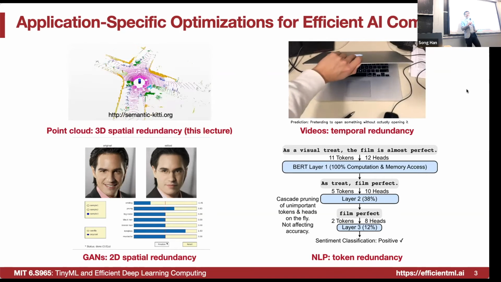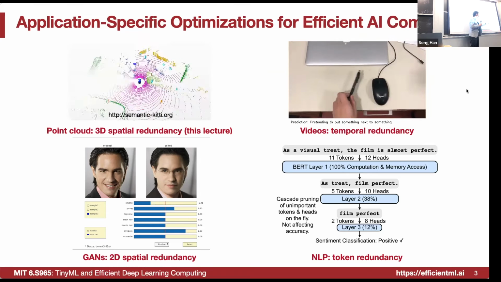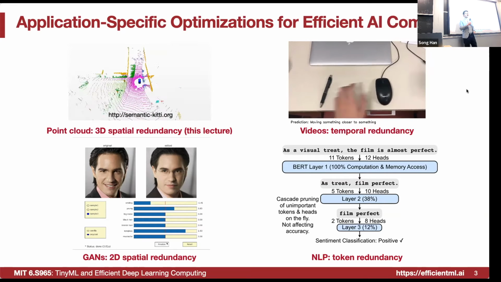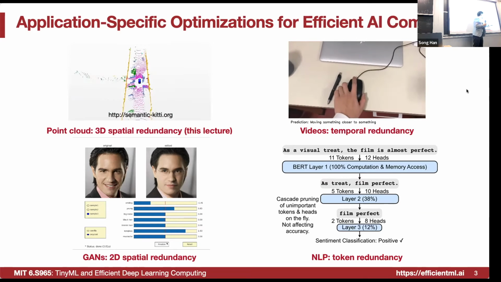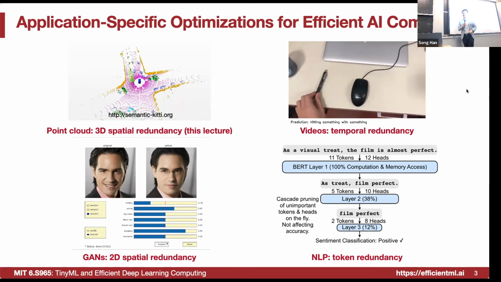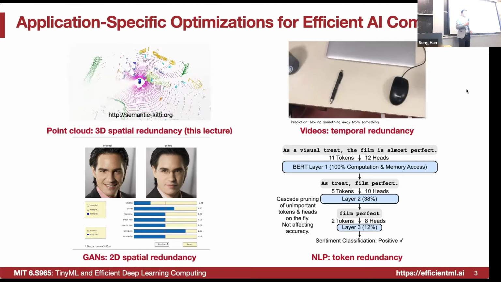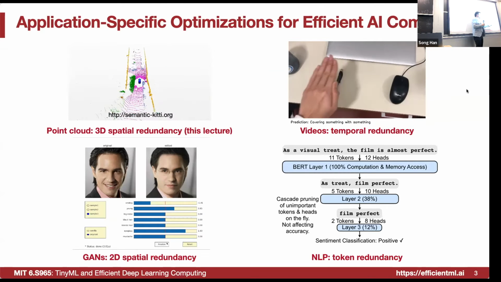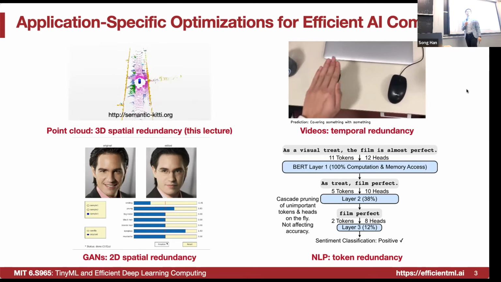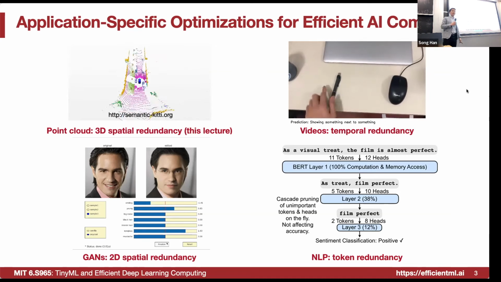Then we can understand the sentiment is positive. Right? So only 2 tokens rather than 11 tokens. So here we can reduce the computation to take advantage of such token-level redundancy. Preserve only 12% of the total computation while no loss of accuracy.